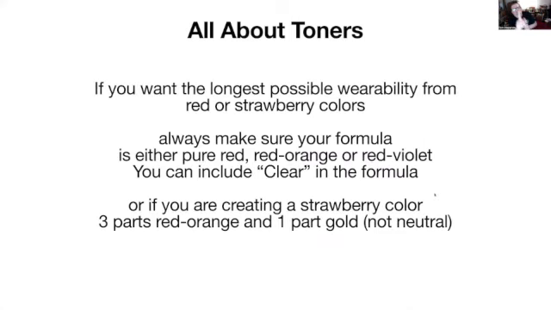Now, if you want the longest possible wearability from red or strawberry colors, make sure that your formula is either pure red, red orange, or red violet, but you can include clear in the formula. So if you're going to make a strawberry color, you want it to be 3 parts of red orange and 1 part of gold, not neutral, because neutral causes a shift in red orange colors, and it makes them appear more violet-y in appearance.